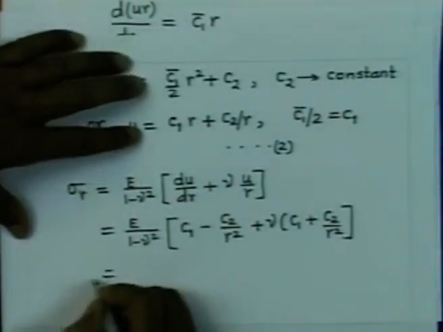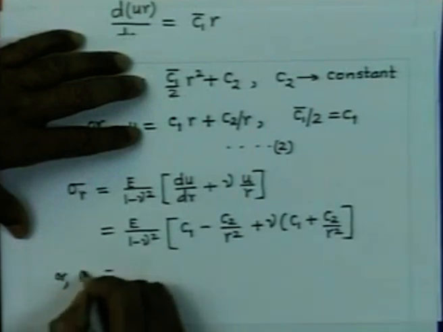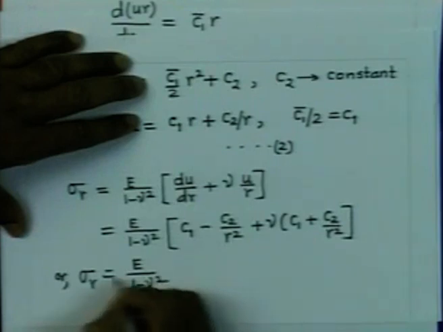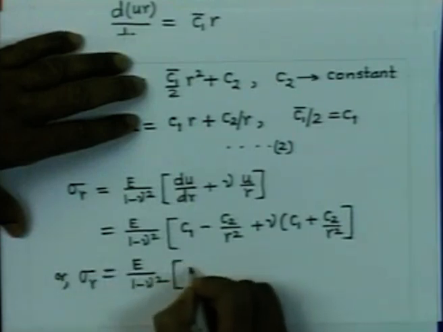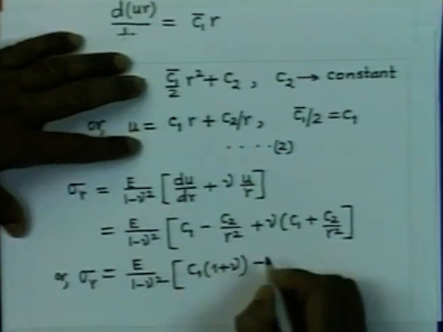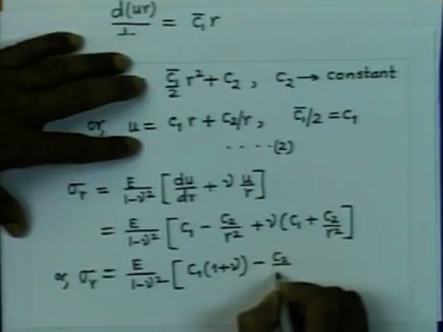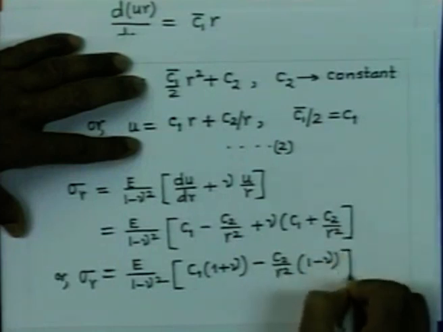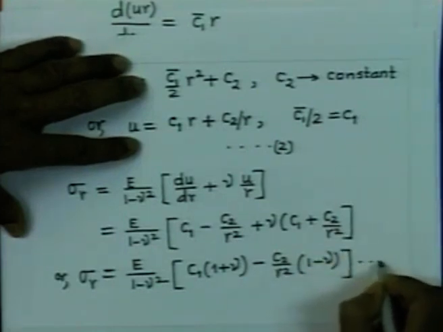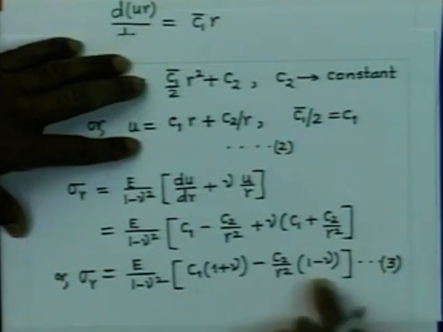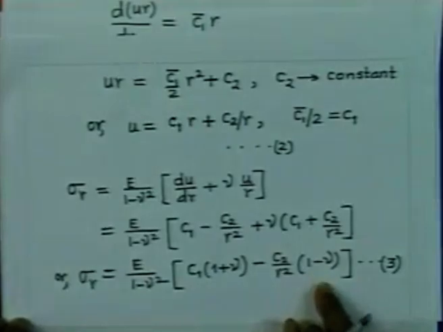This can be rearranged to give sigma r as E by 1 minus nu square, it is C1 into 1 plus nu minus C2 by r square into 1 minus nu. So, that is the expression for radial stress in terms of the radius and the constants C1 and C2.